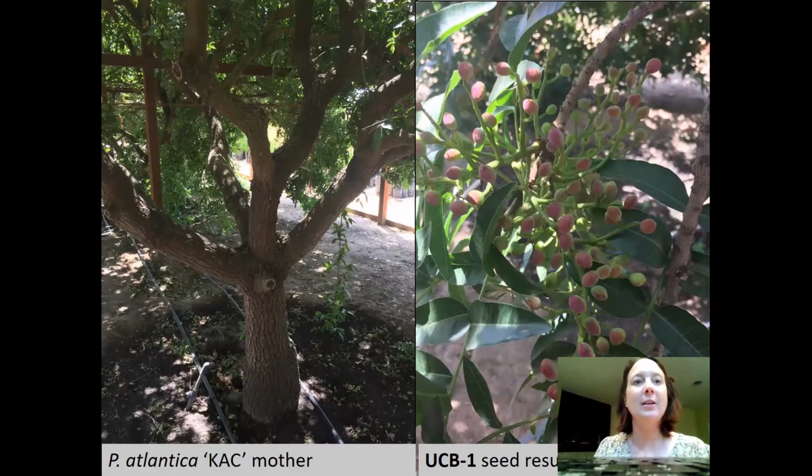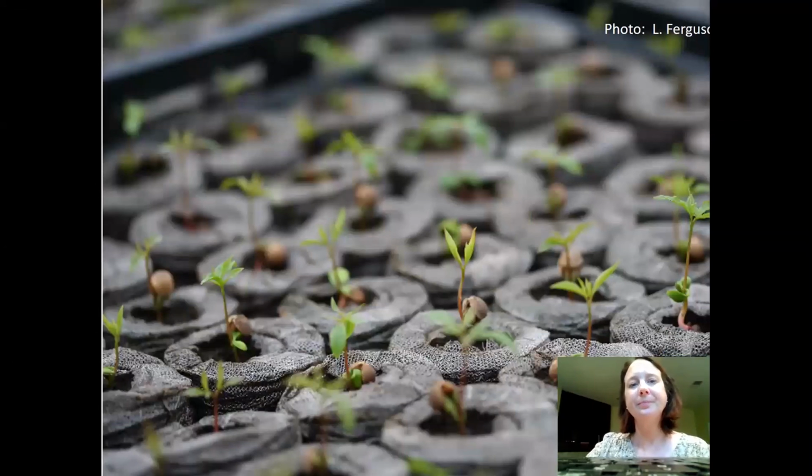Here's an example of a Pistachia atlantica Kearney Ag Center mother tree. And it would be under an area that can be tarped during anthesis. And this is an example on the right of the UCB1 seed that is then harvested for the nursery tree. These seeds are then germinated.